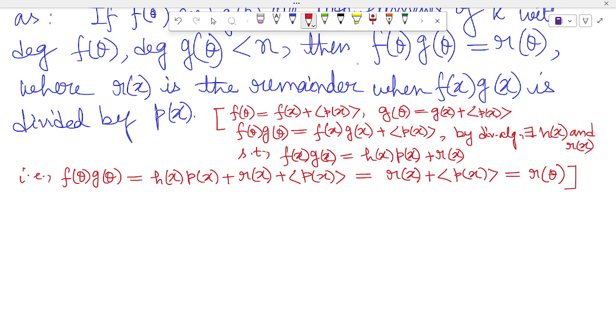So that will give you r(theta). This is clear. Example: I will give an example in the next class. So for today, this is enough.